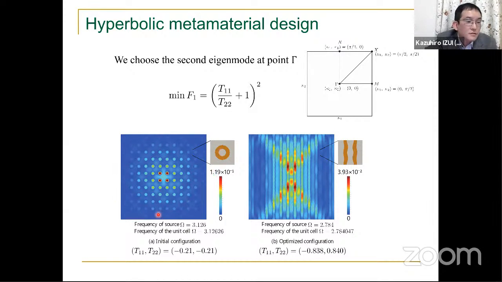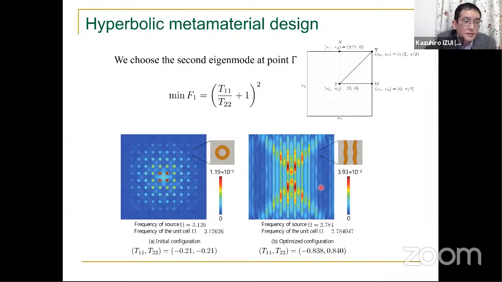And as shown in this figure, we can observe isotropic wave propagation in the initial configuration. On the other hand, right-hand side figure shows the optimal solution obtained by the proposed method.